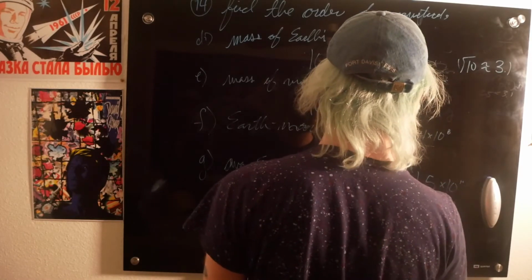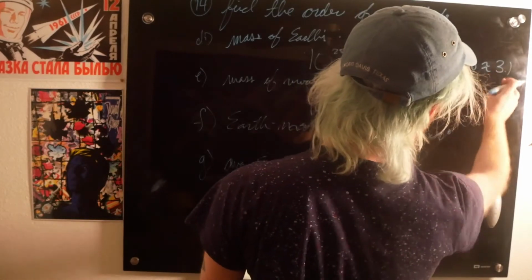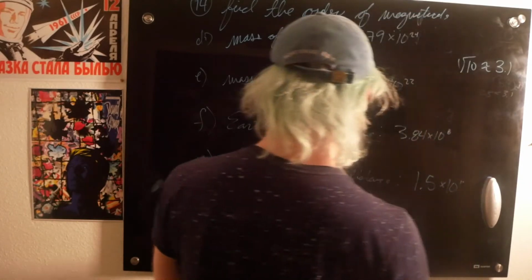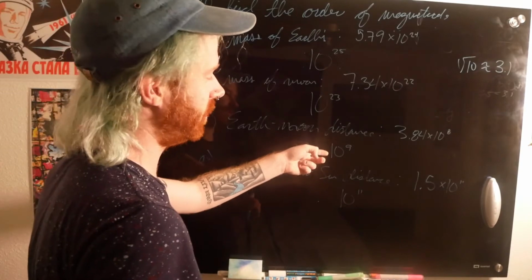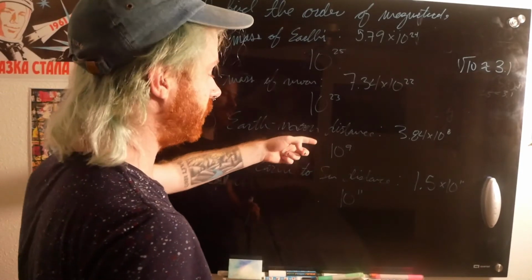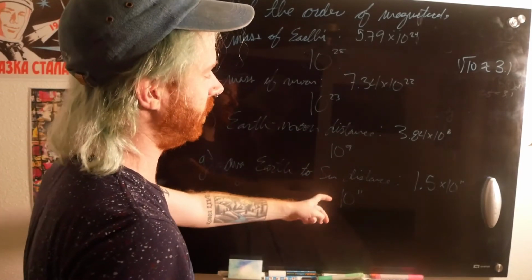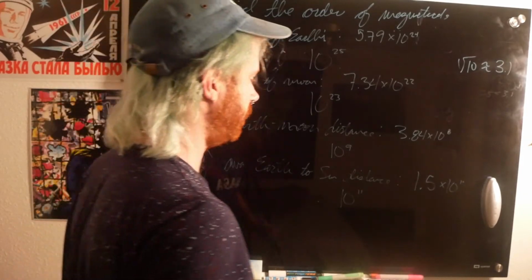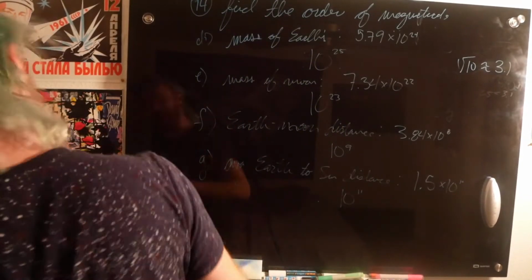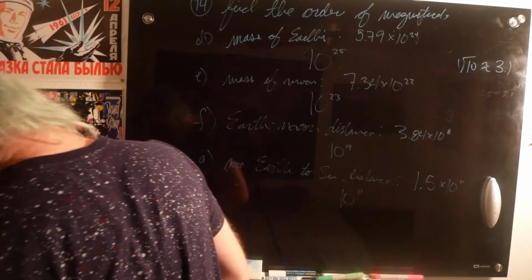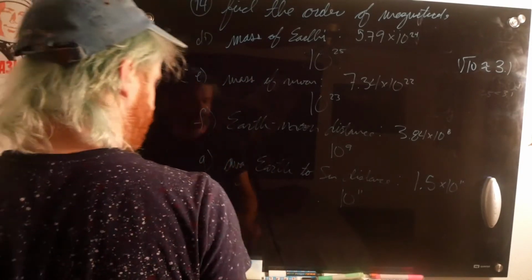So we're going to estimate 10 to the 11th here, because this number is less than 3.1. And again, Earth to Moon, Moon's pretty close to us, 10 to the 9th. Earth to the Sun's really far away, 10 to the 11th, that's only a difference of 2 powers of 10. And these are just really rough estimations, so keep that in mind.